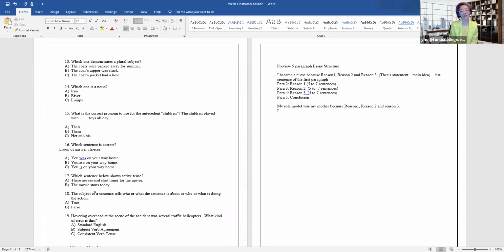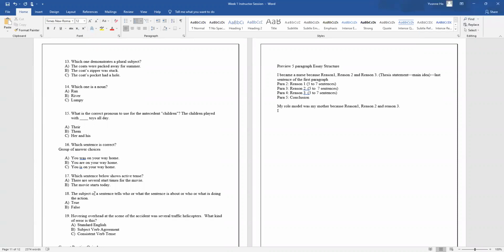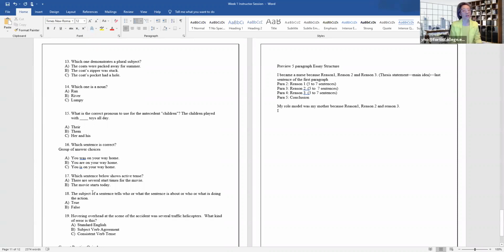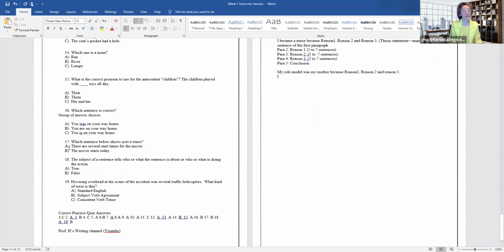Is it A, B, or C? The children played with toys all day. Is it the children played with their toys all day? The children play with them toys all day? Or the children play with her and his toys all day? Which one sounds correct? A. Excellent. And so here the children play with their toys all day.